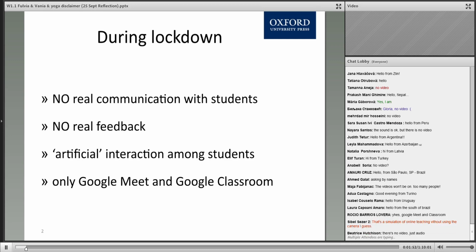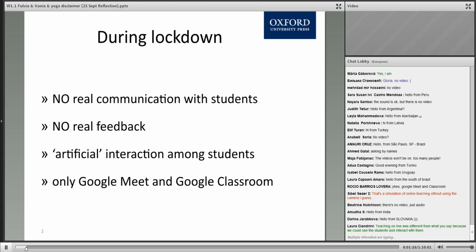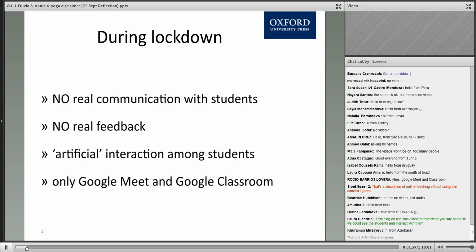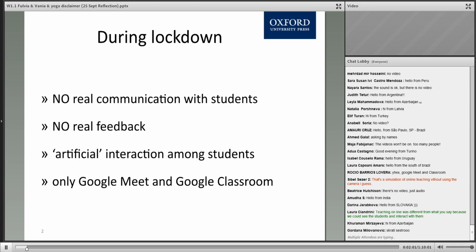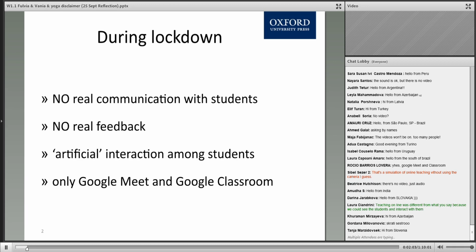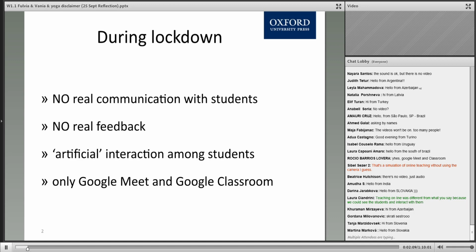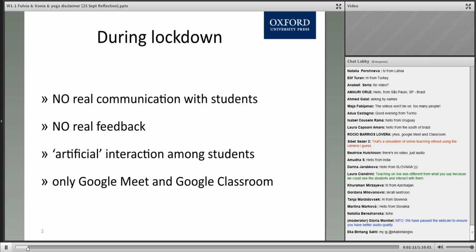You can write something in the chat box, but I can't, let's say, look at that. There's no real feedback. If you look at your students, you can see from their faces if they understand what you're telling them, if they care about what you are telling them. And this was not possible anymore.